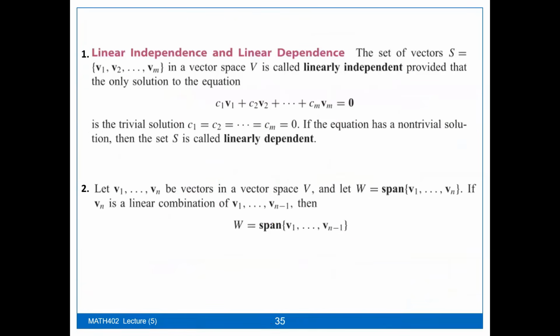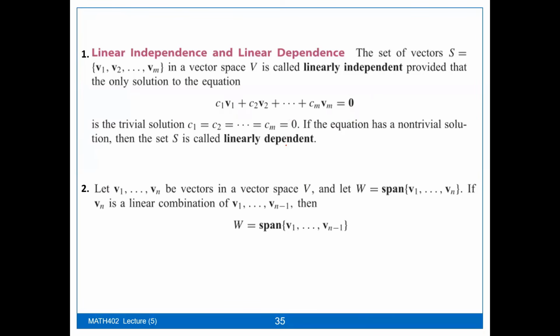Okay, why do we study linear independence and span? Recall, if any linear combination equals 0 means that all coefficients are 0, in this case our system is linearly independent.